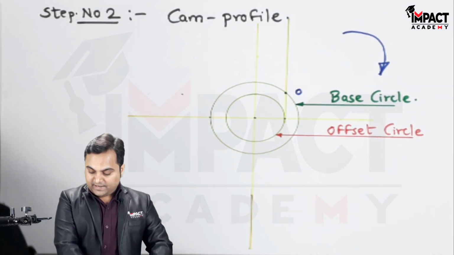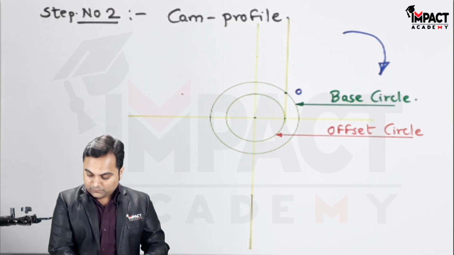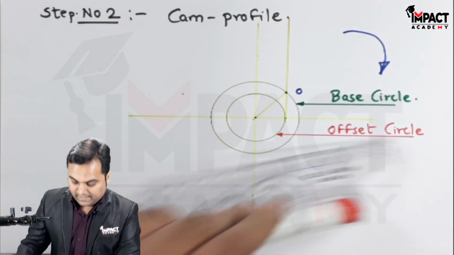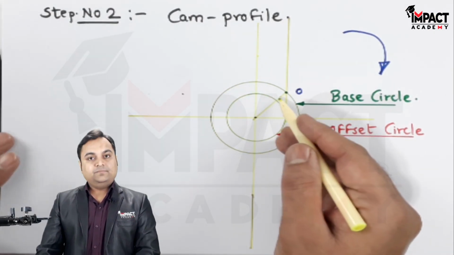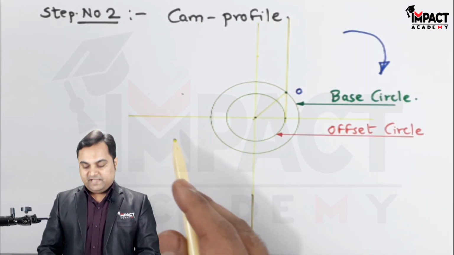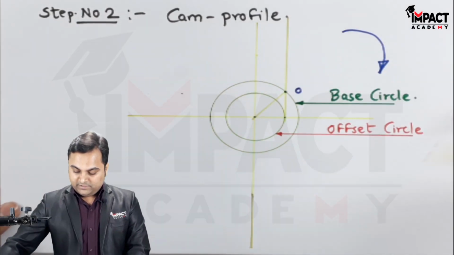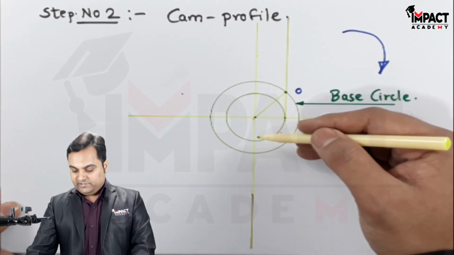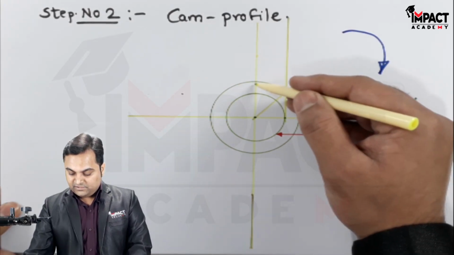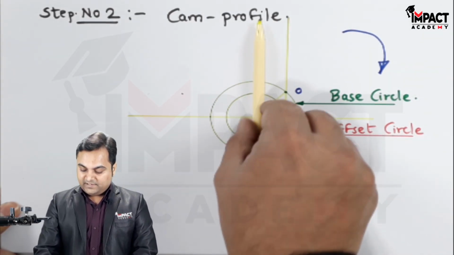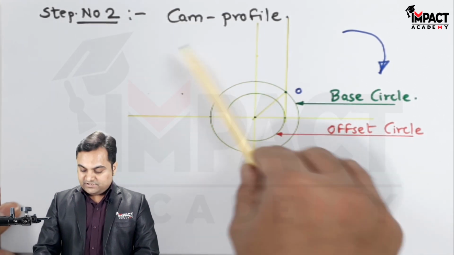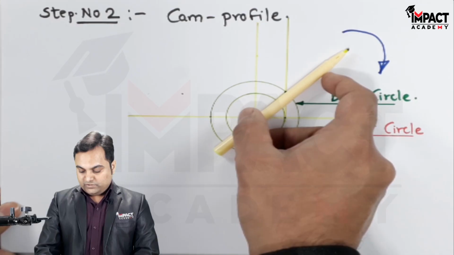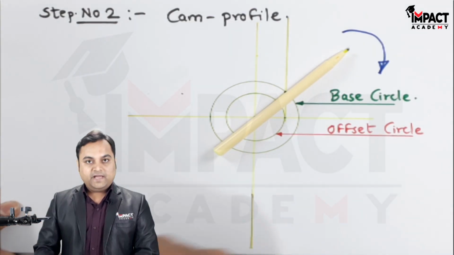Next, I am going to connect this point to the center, and now this line will become the reference for measurement of the angle. If this would have been an inline follower, that is if the offset distance would not have been there, then I would have taken the other line as the reference and measured the angle with respect to that line. But since there is offset distance, now I have taken this line, so with respect to this I am going to measure all the angles.